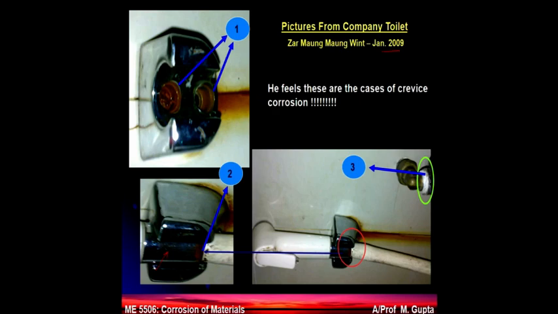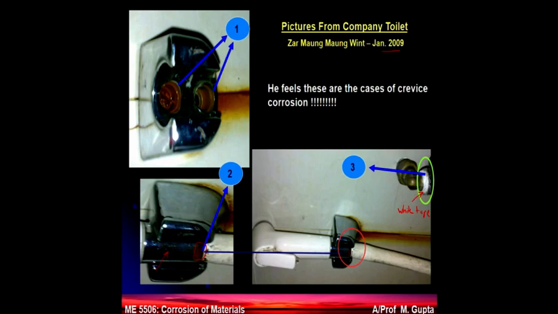Outside it is painted, and if you see this part also on the side, the paint was damaged in this area. This is a small view and this is a large view, and you'll see the red rust forming in here. And here is another fitting where you see white tape being used, because this is a fitting in which you just screw it on, and the plumber used a white tape to seal the gap to minimize the crevice corrosion.